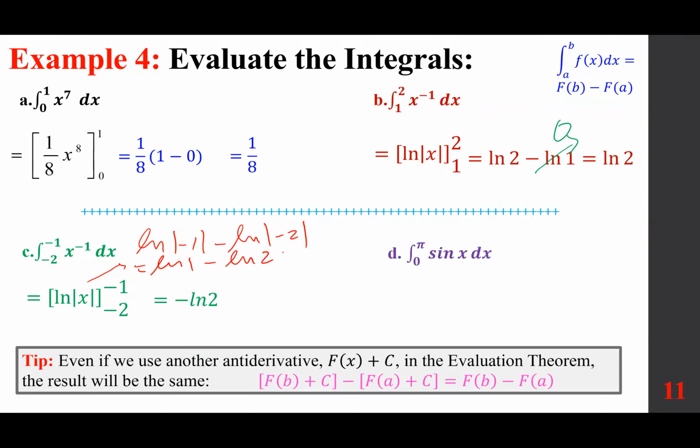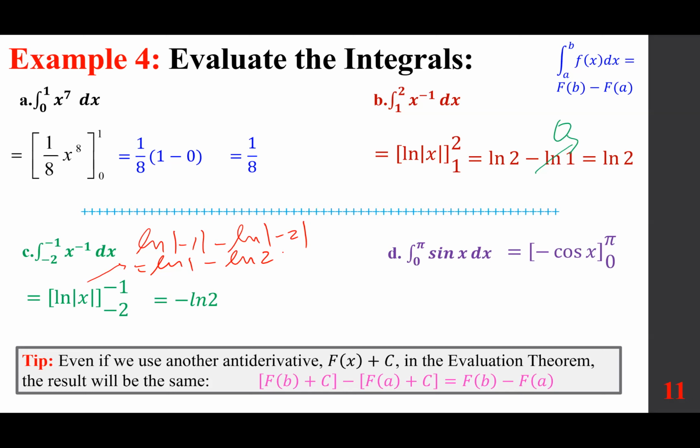What about the integral of sine x dx from 0 to pi? First and foremost, the integral of sine: you remember the derivative is cosine, the integral is negative cosine. So negative cosine x from 0 to pi, again, we don't need a constant. So we are going to put pi and then 0.